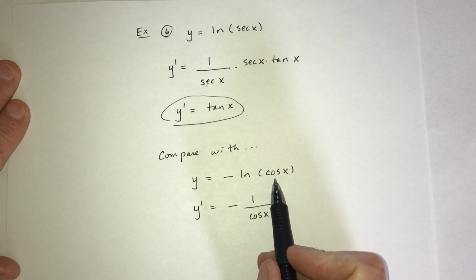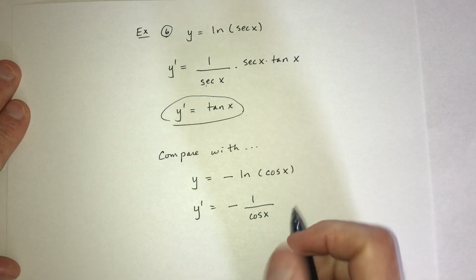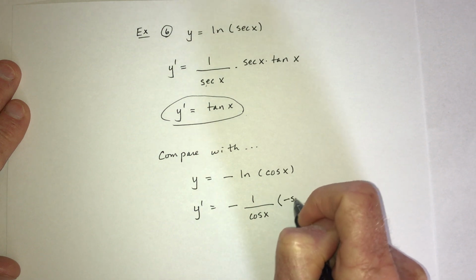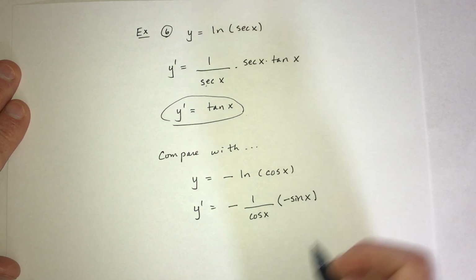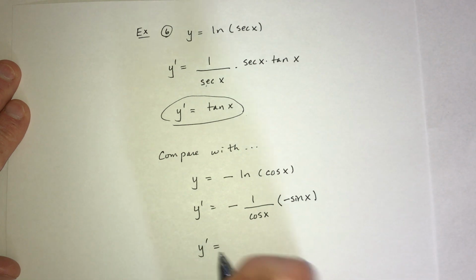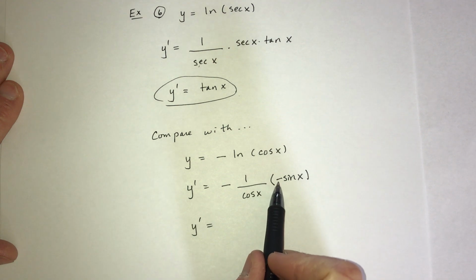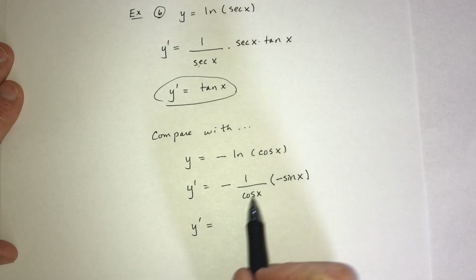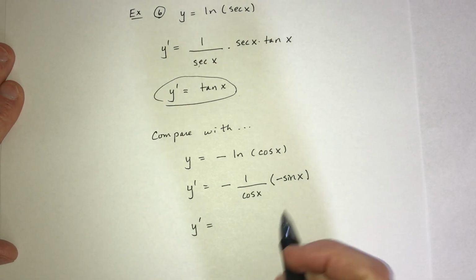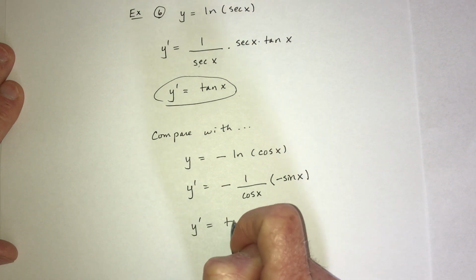And then the derivative of the inside. So the derivative of cosine, that's negative sine. So then these two negatives can cancel, and what's left is sine over cosine. You guessed it, sine divided by cosine, that equals tangent.